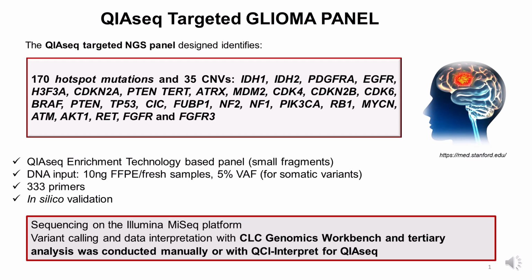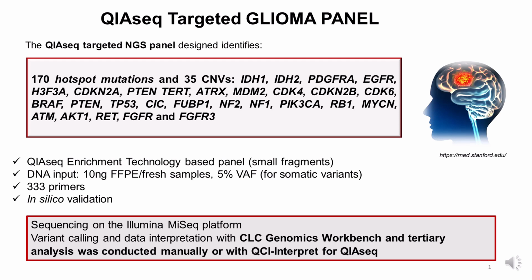The QIAGEN enrichment technology is based on this chemistry, and it is very important for the amplification of small fragments that characterize FFPE samples. The DNA input was 10 nanograms to identify somatic variants with a 5% VAF.